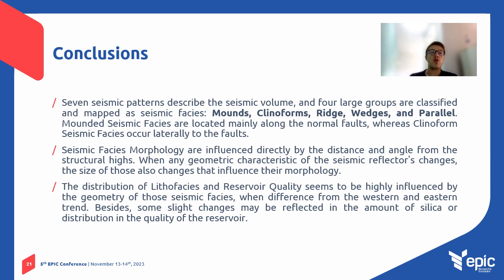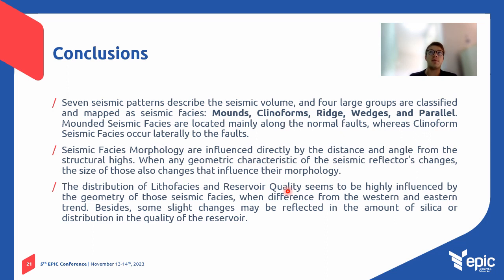Seismic facies morphology and measurements are influenced directly by the distance and the angle from the structural highs, and any geometric characteristic of these seismic reflectors affects the distribution and the influence of the morphometric analysis.